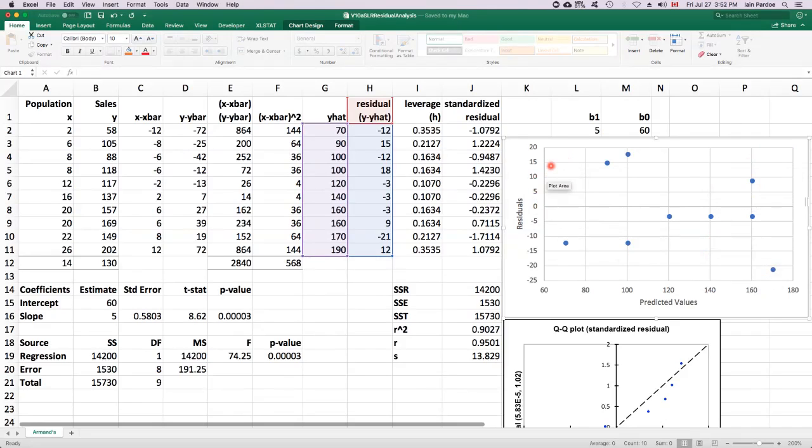And that would indicate the zero mean assumption is being violated, because moving across the plot from left to right, the mean is not staying at 0. It's going from positive to negative to positive again.